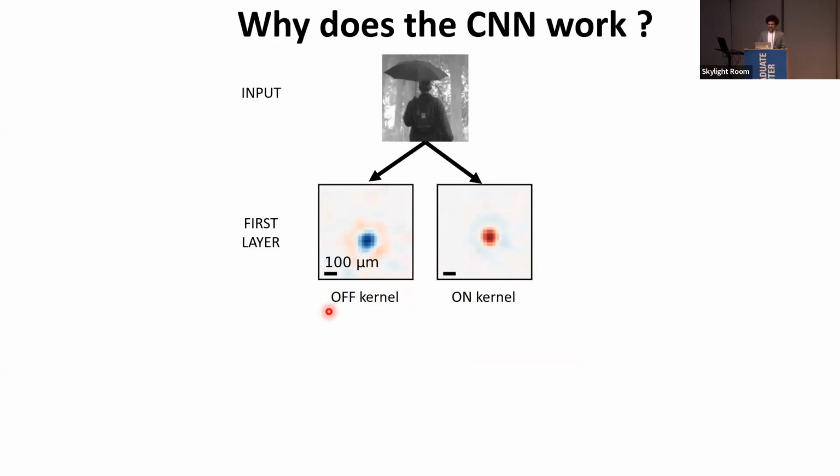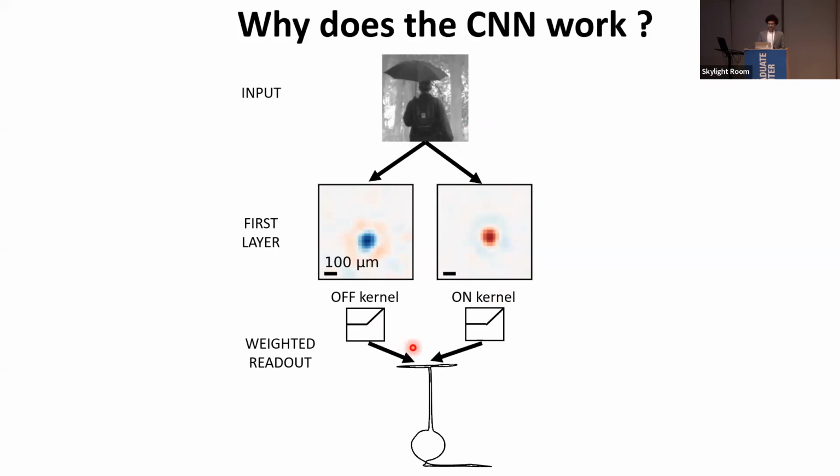So they are an off and an on channel. And the input image is processed in parallel by these 2 channels. And then the output of these channels is passed through a nonlinearity, and then the 2 pieces of information are combined again inside the sensory neuron we are recording from.